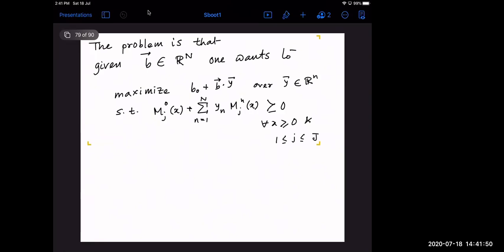So what does this mean? One usually wants to maximize this kind of linear combination, like b naught plus b dot y.